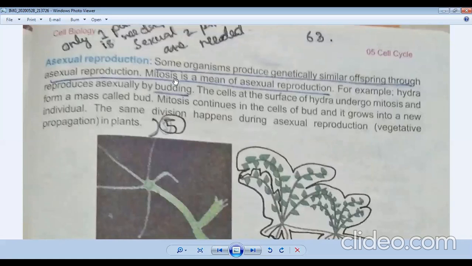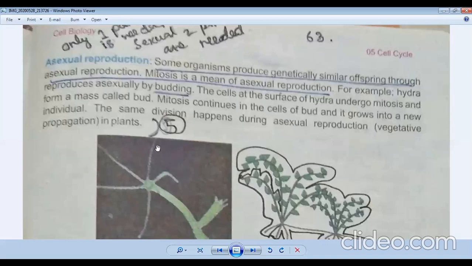And what is the meaning of that? Through mitosis, asexual reproduction is possible. Now look at the book, they have given us some examples. The first example is Hydra. You can also see the diagram of Hydra in the book. Hydra has the ability of asexual reproduction.